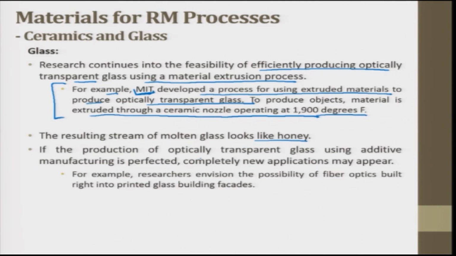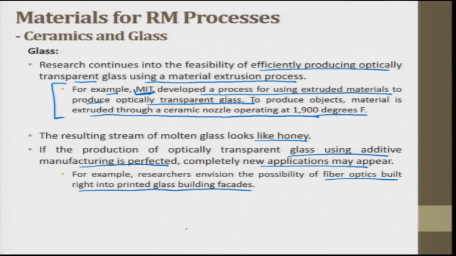If the production of optically transparent glass using additive manufacturing is perfected, completely new applications may appear. For example, researchers envision the possibility of fiber optics built right into printed glass building facades. So, this is the application of the glass.